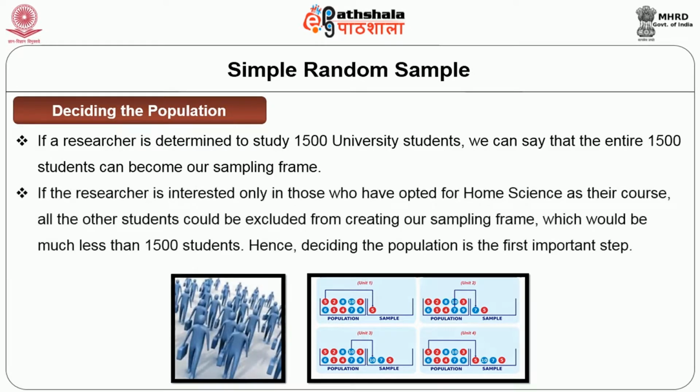If the researcher is interested only in those who have opted for home science as their course, all other students could be excluded from our sampling frame, which would be much less than 1500 students. Hence, deciding the population is the first important step.